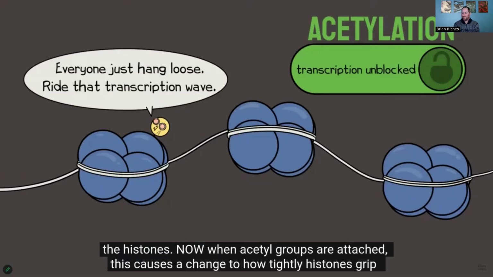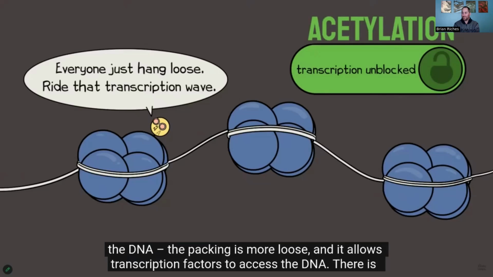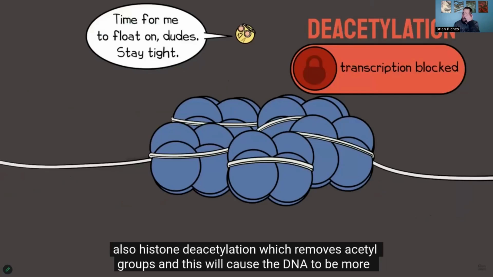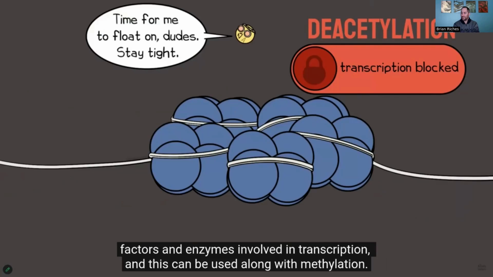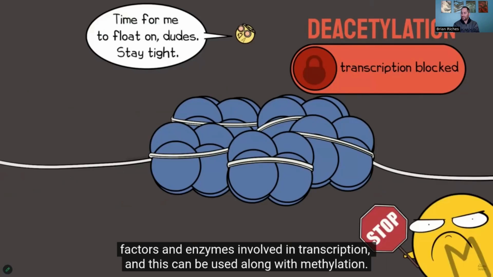Now, when acetyl groups are attached, this causes a change to how tightly histones grip the DNA. The packing is more loose, and it allows transcription factors to access the DNA. There is also histone deacetylation, which removes acetyl groups, and this will cause the DNA to be more tightly wrapped around the histones. This intense packing will limit the access of transcription factors and enzymes involved in transcription, and this can be used along with methylation.